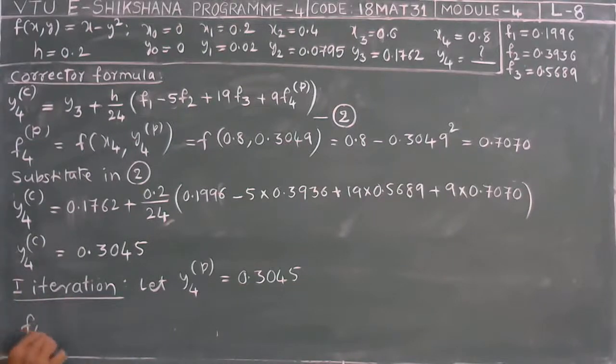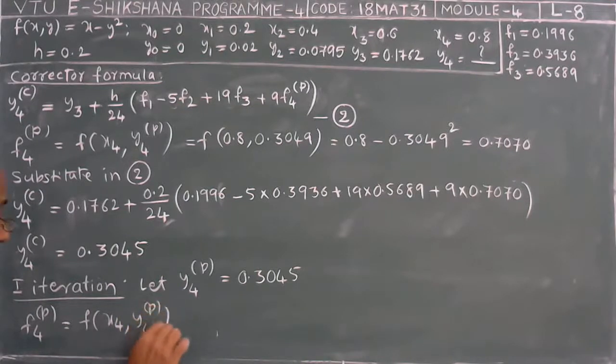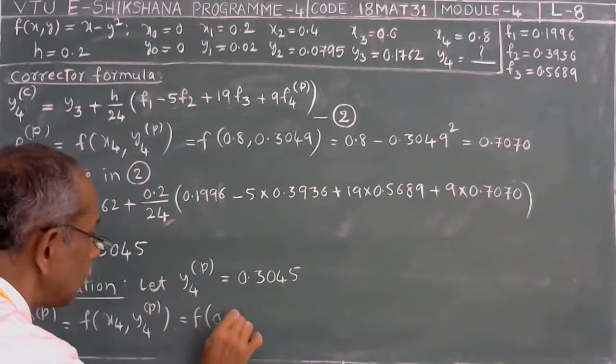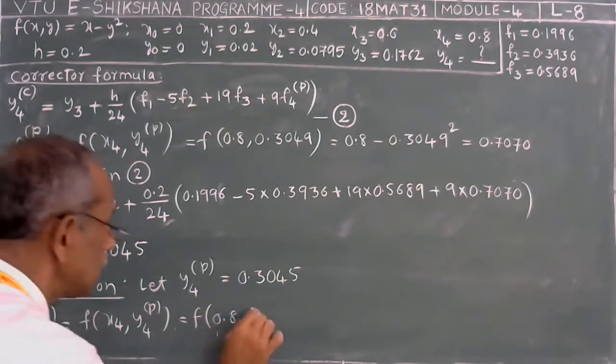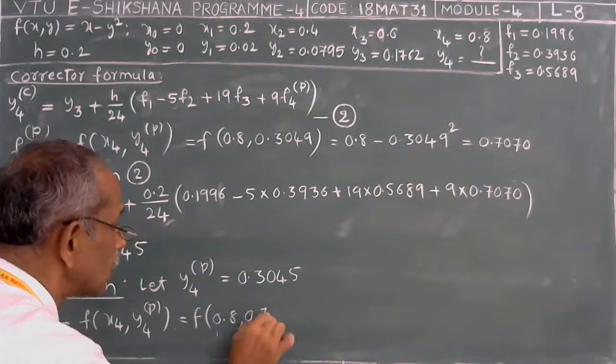So F4P is f of x4 comma y4p is equal to f of 0.8 comma 0.3045.